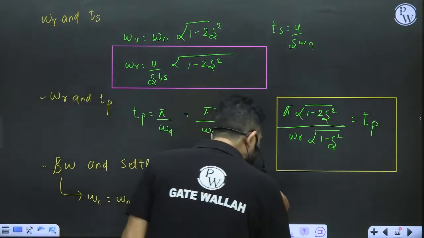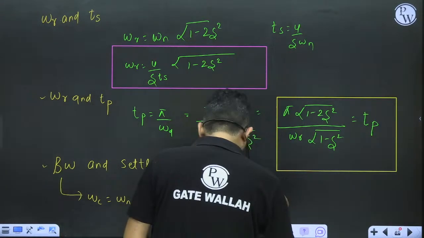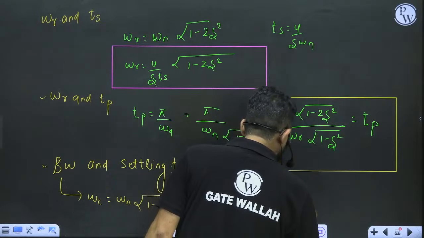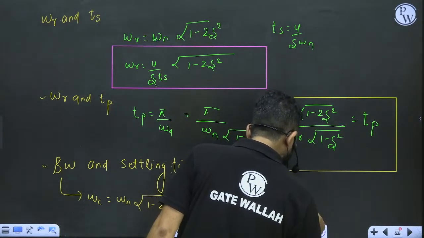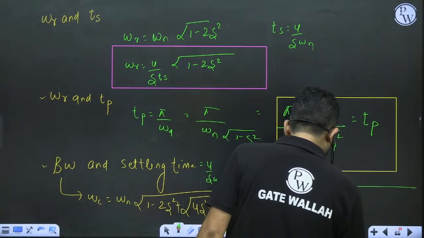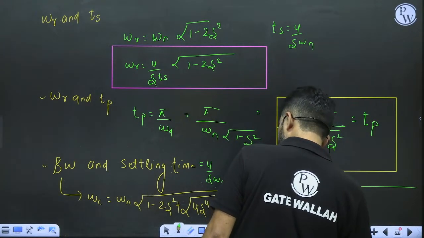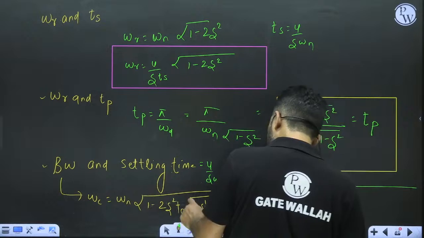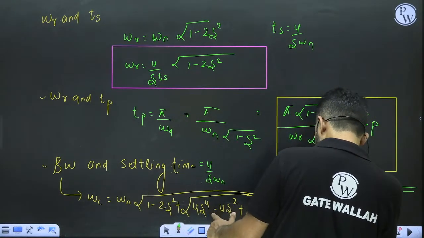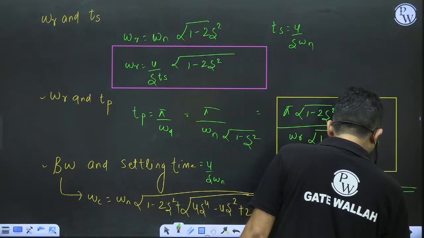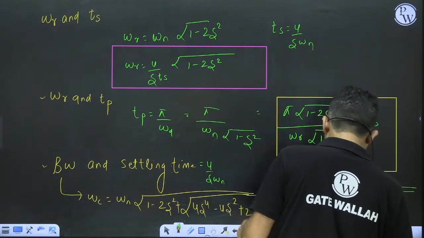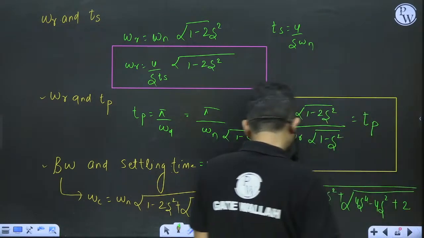So bandwidth omega c can be written as omega n, that is 4 by zeta ts, times 1 minus 2 zeta square plus root of 4 zeta 4 minus 4 zeta square plus 2.